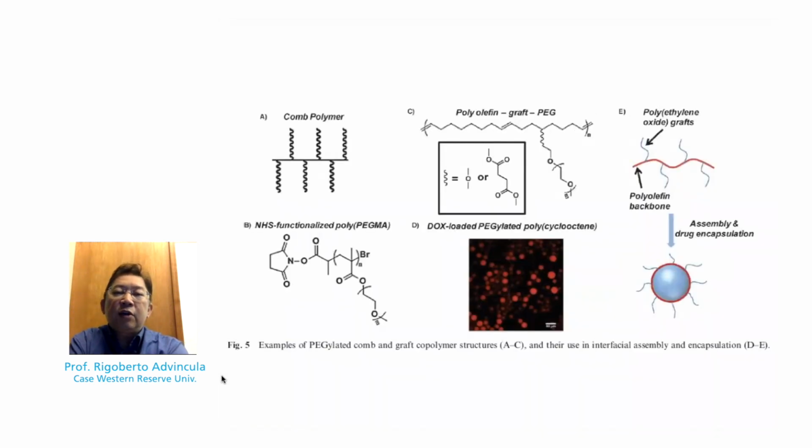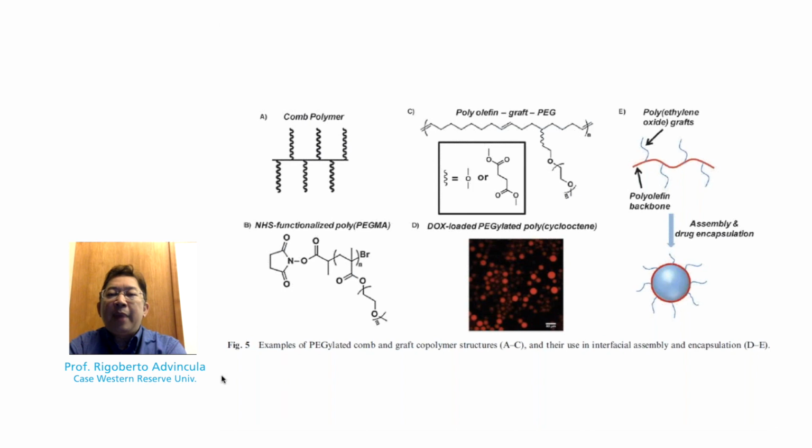So as you can see here, conjugation chemistry means that you are able to apply the PEG in various forms, either as grafts or blocks or different types of core shell systems, where again, the PEG typically allows the drug or the particle to circulate longer because of its stealthiness.